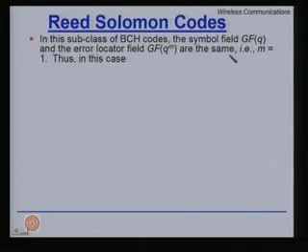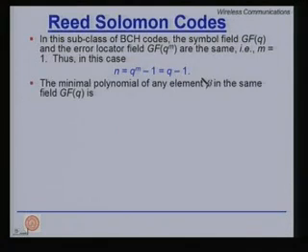But in order to make this thing effective, I should start with a large value of q. So, let us put n is equal to q^m minus 1, which is nothing but q minus 1 here. The minimal polynomial of any element beta in the same field GF(q) is given by f_beta(x) is equal to x minus beta.